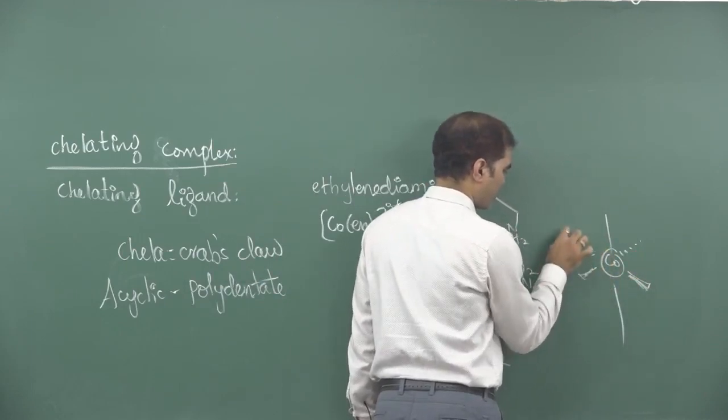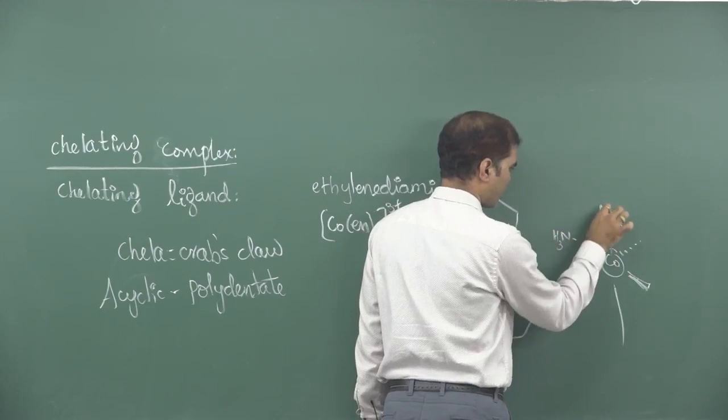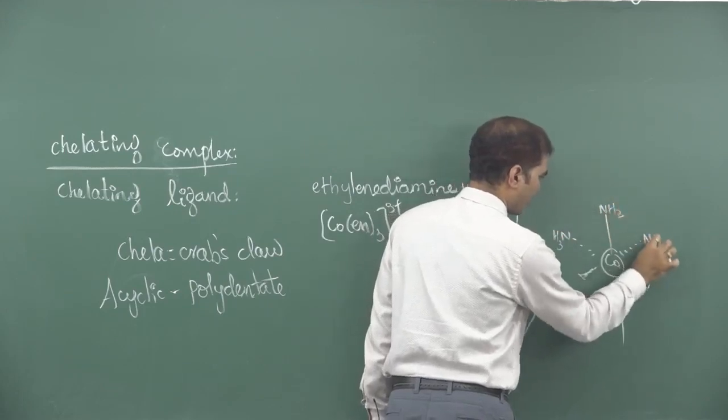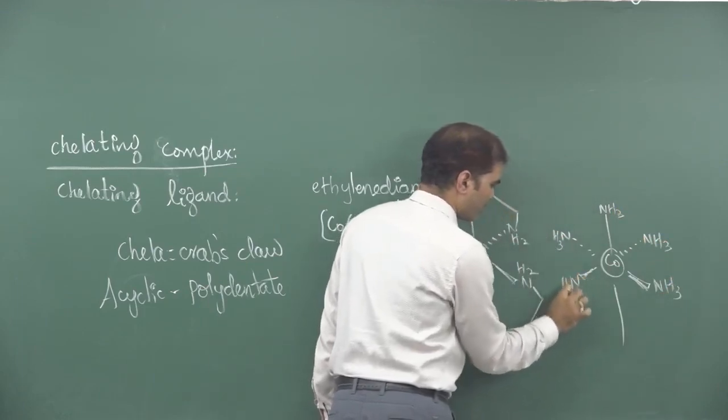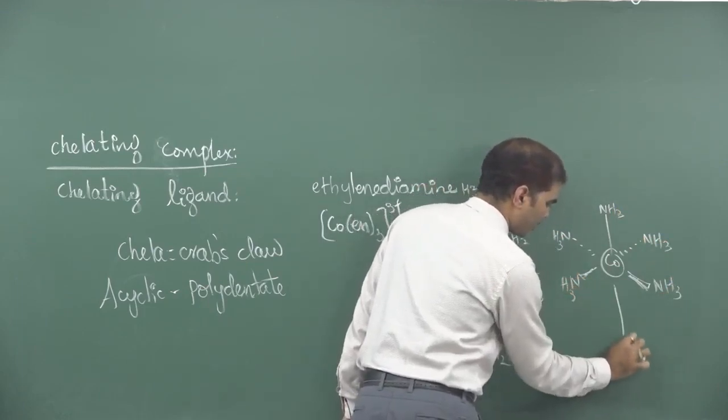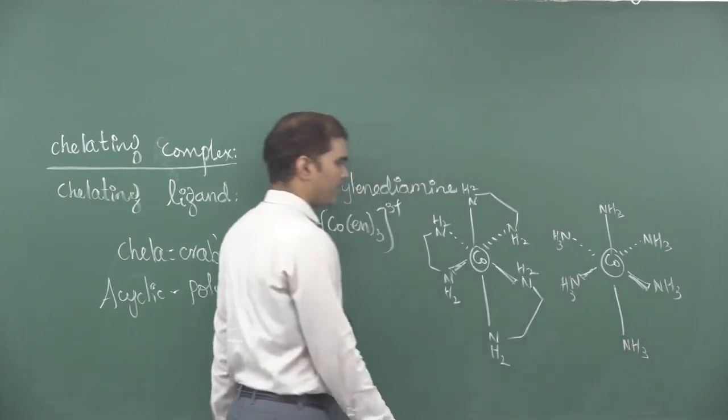Stability, thermodynamic effects, all these things we have to discuss later. There is a separate effect called the chelating effect, which comes under factors influencing the stability. But here, with respect to the different types of ligands, we are studying them.